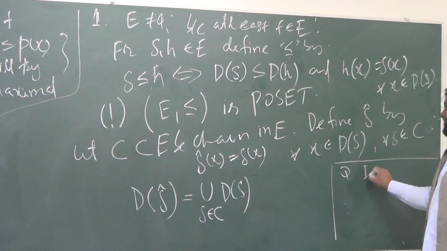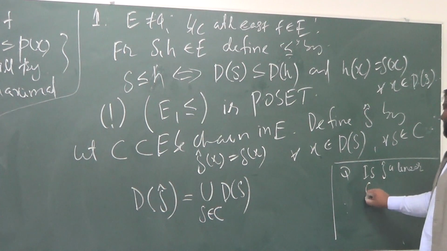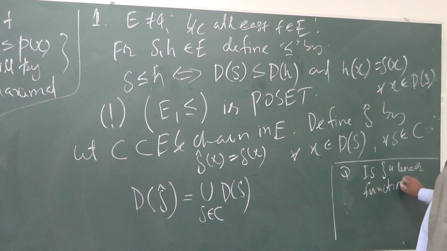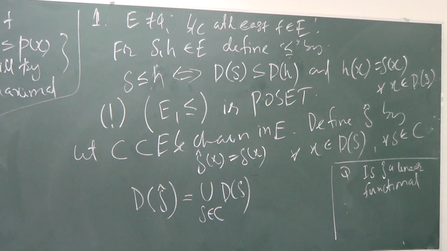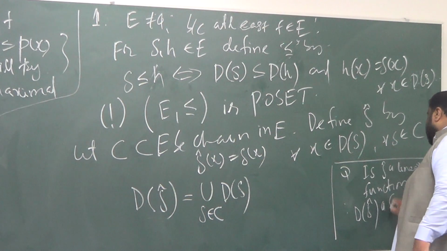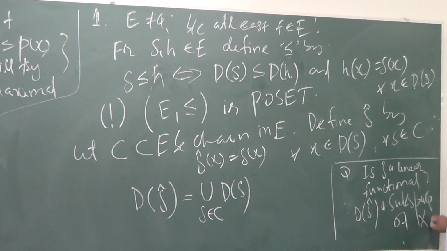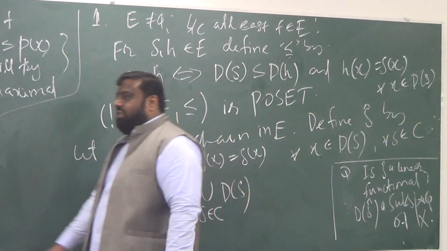In other words, is G hat a linear functional? They are extensions of a linear functional. So is an extension of a linear functional a linear functional? Secondly, is the domain of G hat a subspace of X? Something left for you to do. Pretty simple. Think about it.